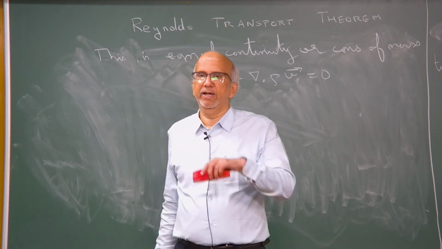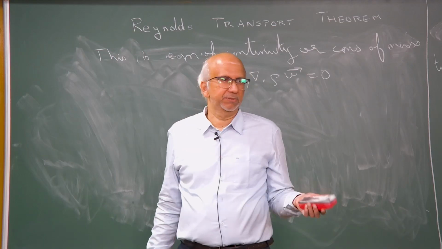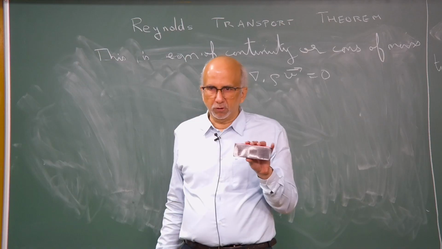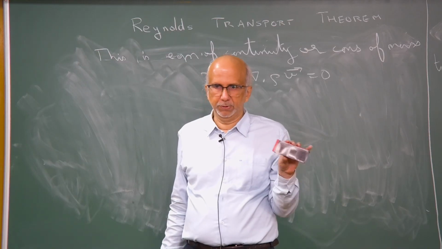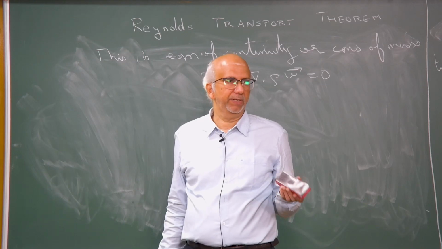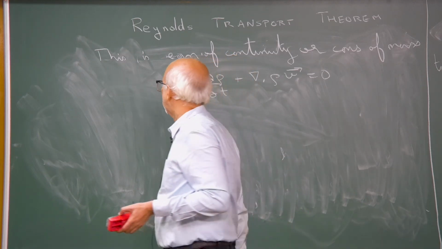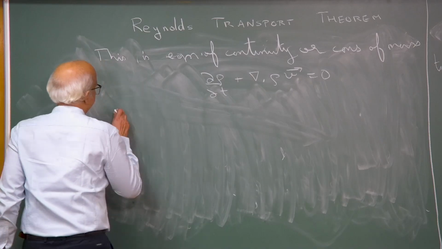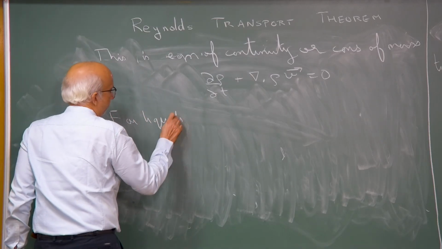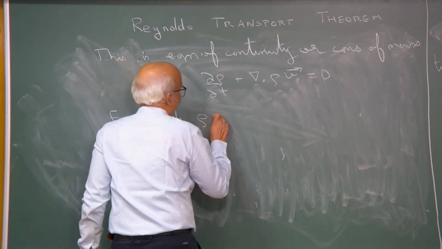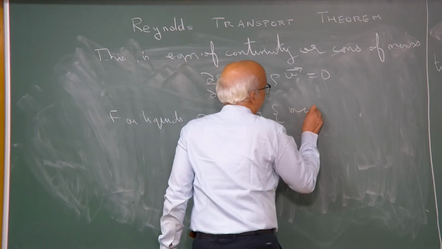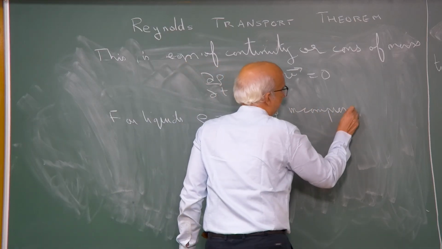There are some simplifications which we normally resort to. If you are talking about liquid, then we treat the liquid as being incompressible. So, for liquids, rho is equal to constant, incompressibility.